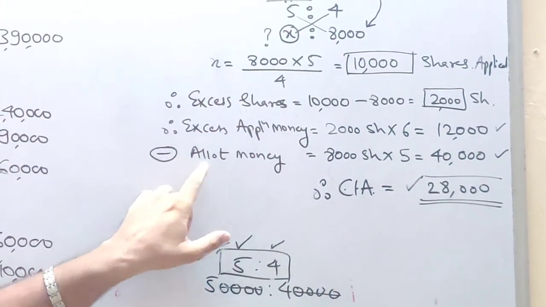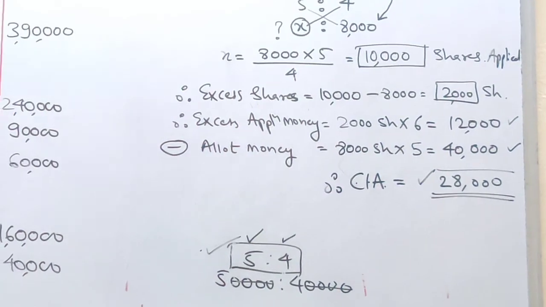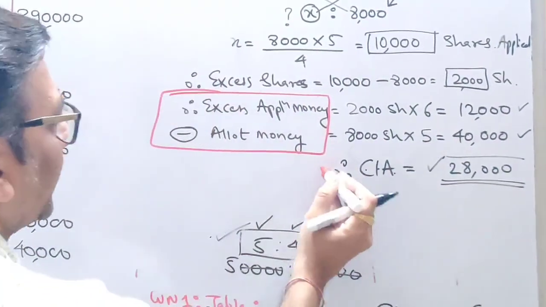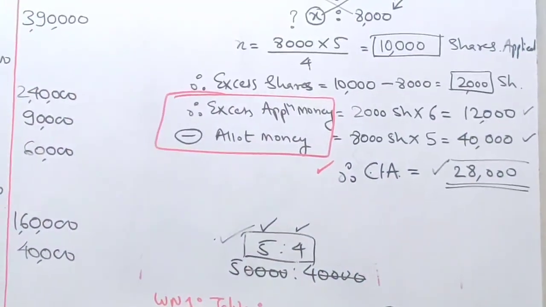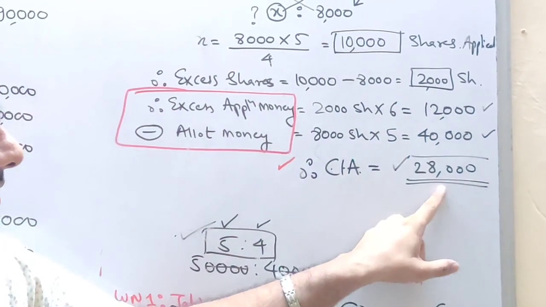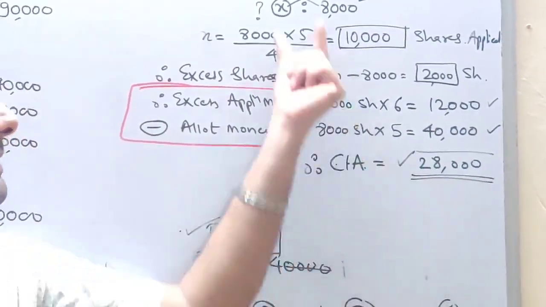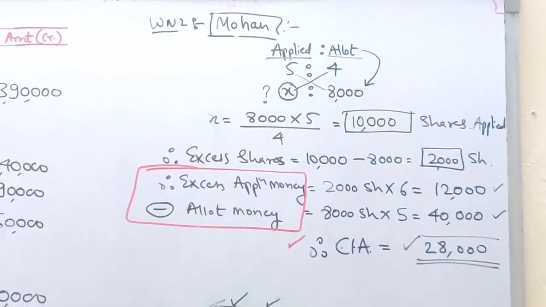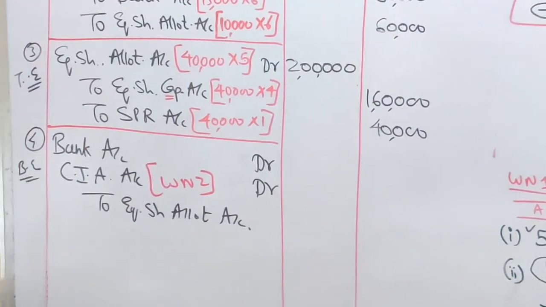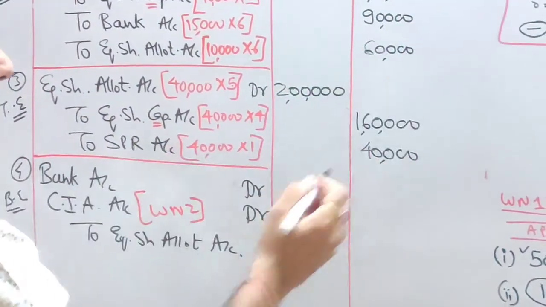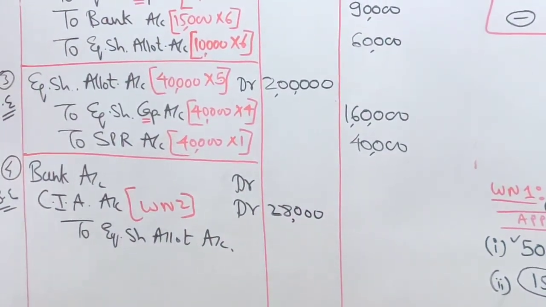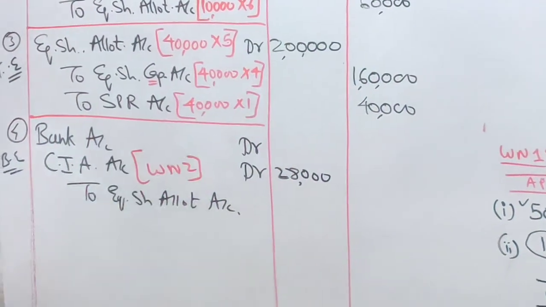Then minus this from the allotment money. You have to compare these two to get the arrear money. So excess application money you will compare with the allotment money, and whatever is the difference, this is not paid by Mr. Mohan, that is causing arrear. So here I am going to write, refer to working note number 2, and according to working note 2, arrear money is 28,000. I hope this is clear how we got the amount.